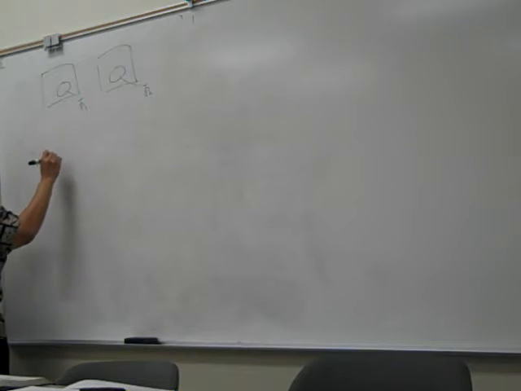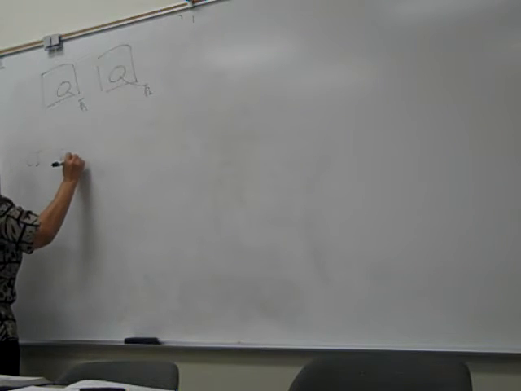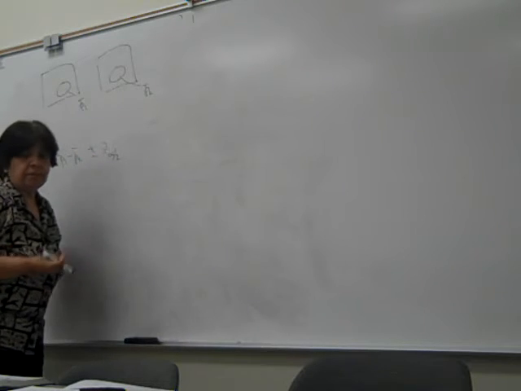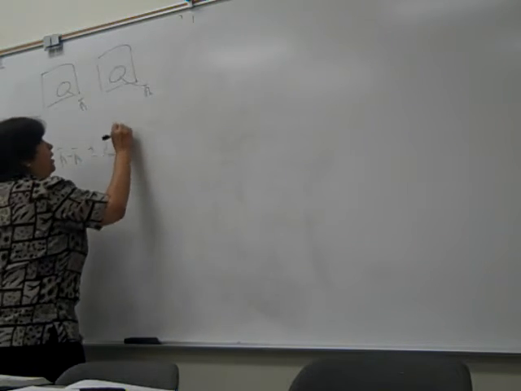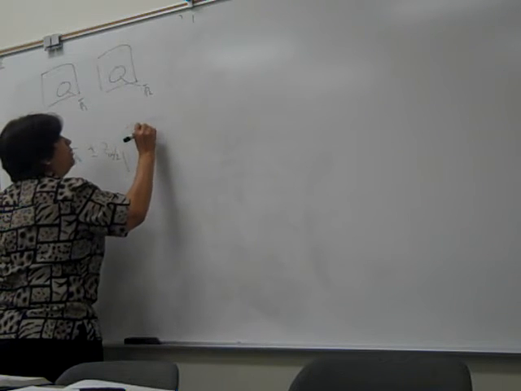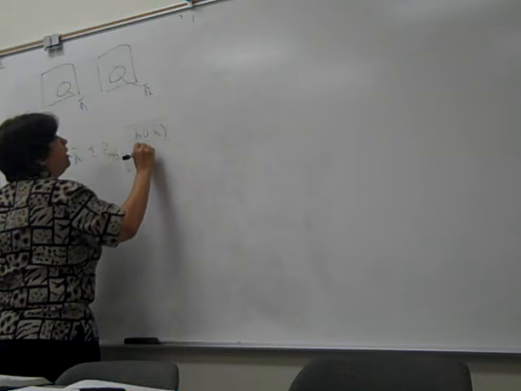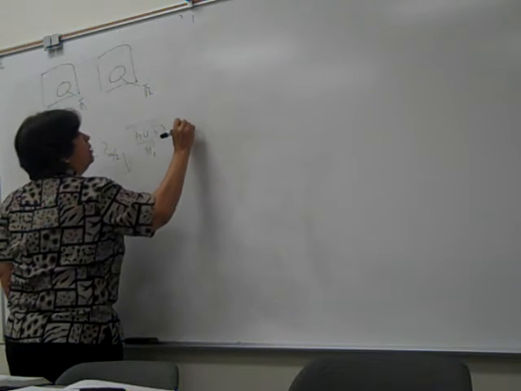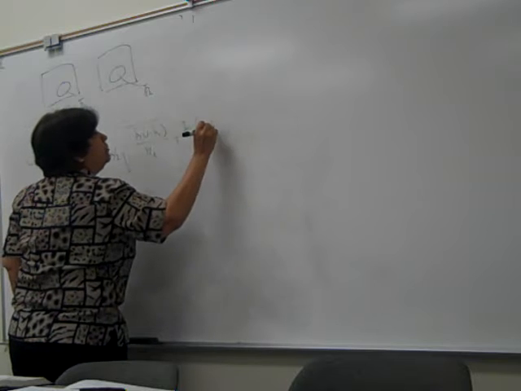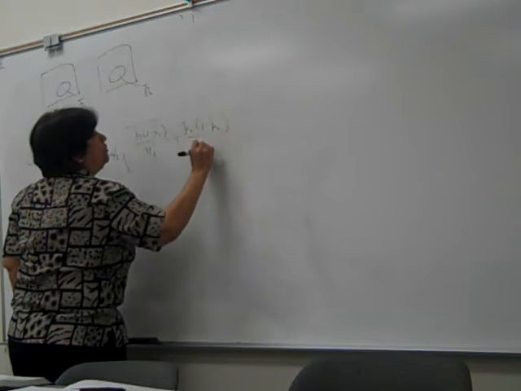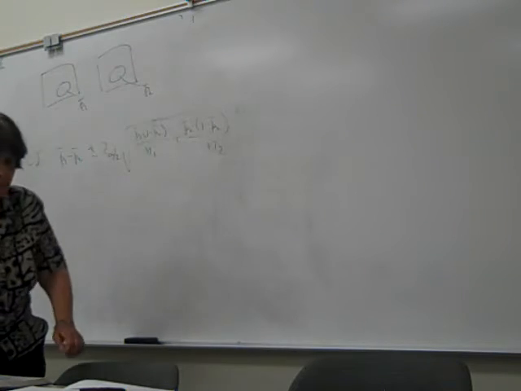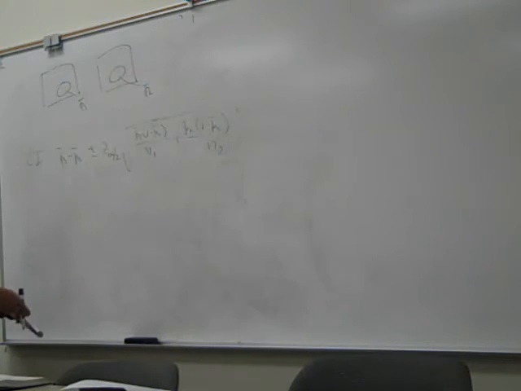So for the confidence interval it is P1 bar minus P2 bar plus or minus z of alpha divided by 2 times the standard deviation, that is the square root of P1 bar times 1 minus P1 bar divided by N1 plus P2 bar times 1 minus P2 bar divided by N2. That's it. That's for the confidence interval.